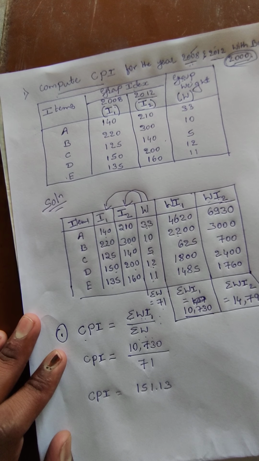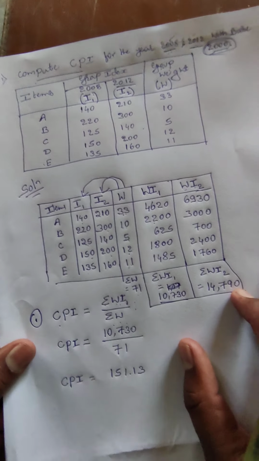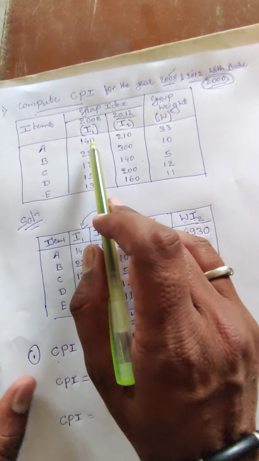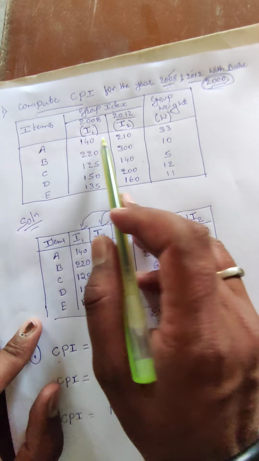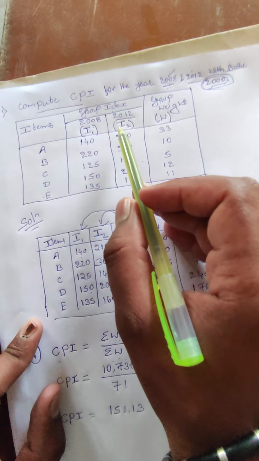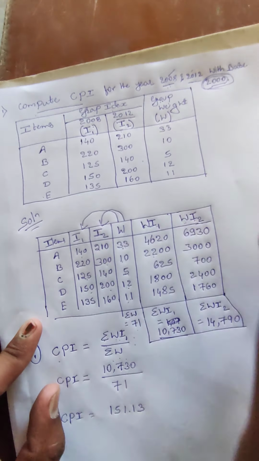We have to apply one more year, because in this problem they gave the index of 2 years. The first year we already calculated. Next we apply it for the second year index.